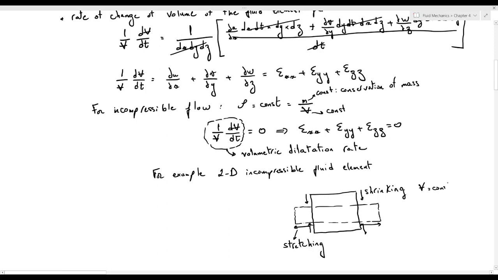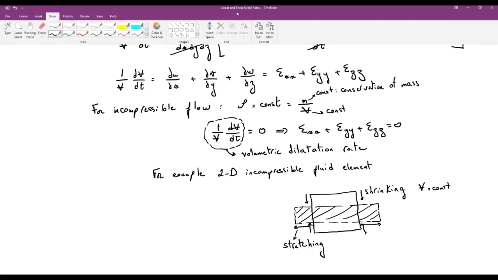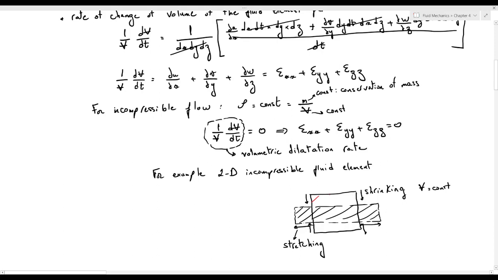So in order for V to be equal to a constant, the final volume in this case should be equal to the initial volume.